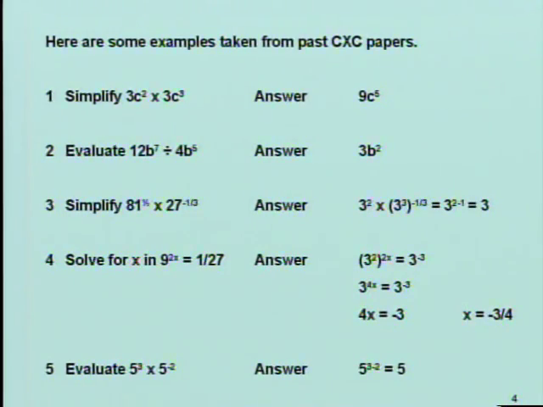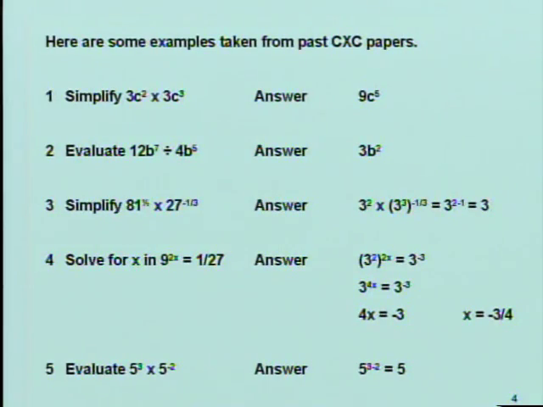The fourth one, solve for x in 9 to the 2x is equal to 1 over 27. We can rewrite all of this to a common base, which is 3. So we'll have 9 written as 3 squared, 2x remain as the power, and we can write 1 over 27 as 3 to the minus 3 power.